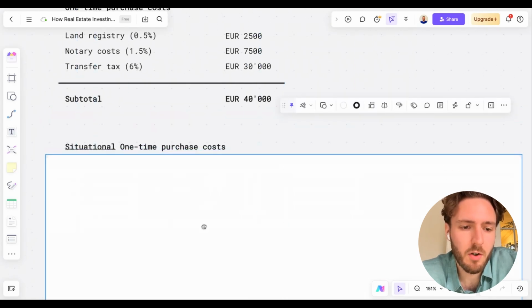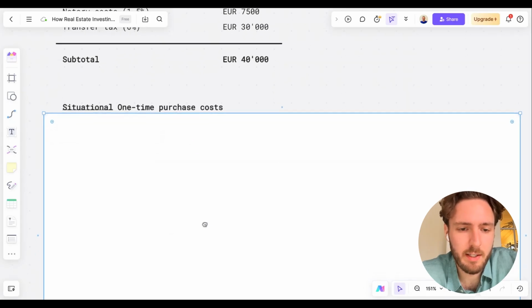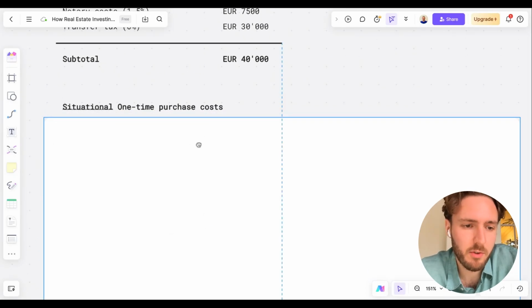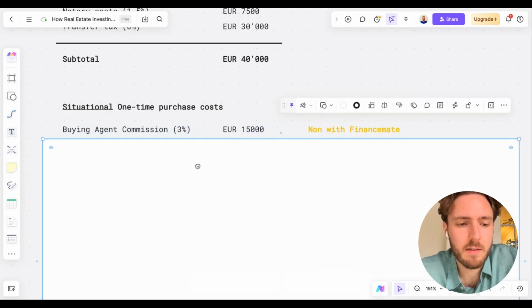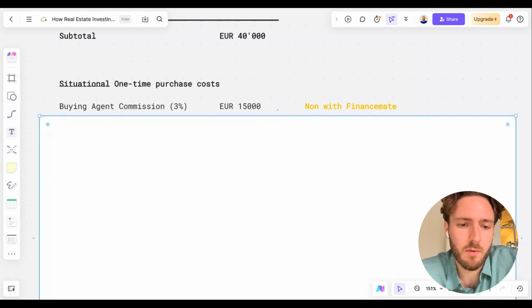Now, depending on how you actually get to your property, there are other costs involved as well. I'll call them situational one-time purchase costs. One thing is the buying agent commission, which is usually 3%. It can go up to 6%. So when you work with random agents that find a property for you to buy, it can go quite high.